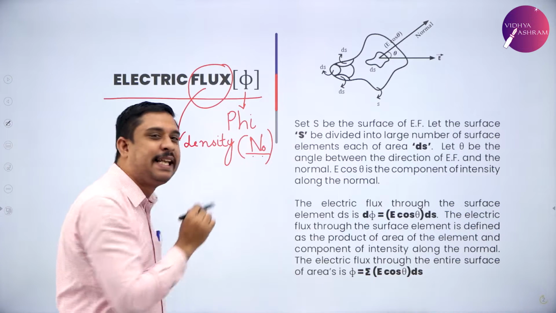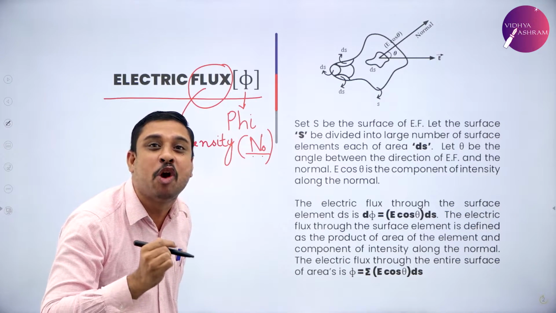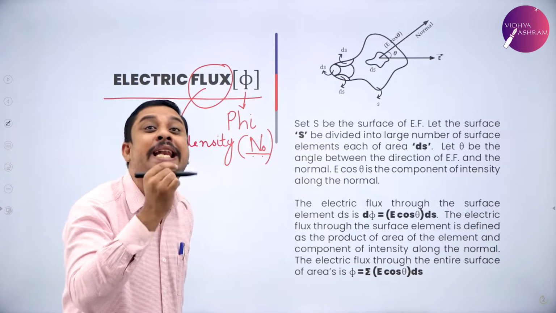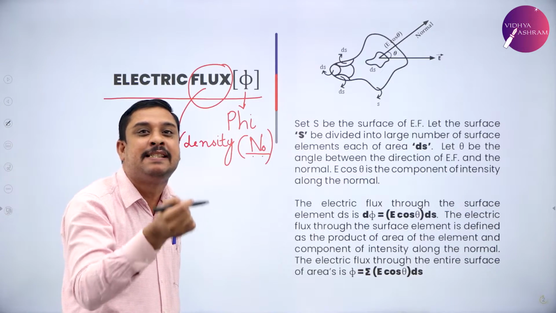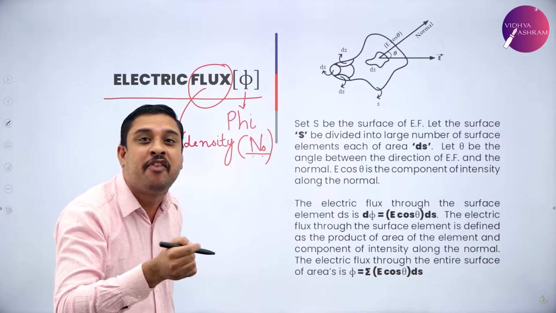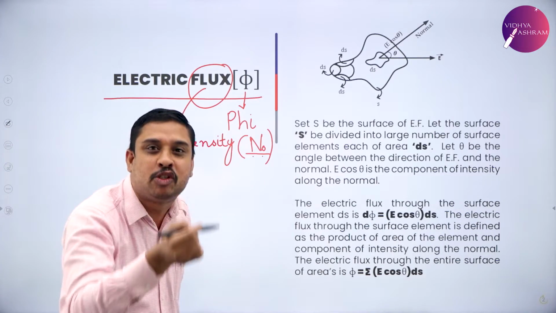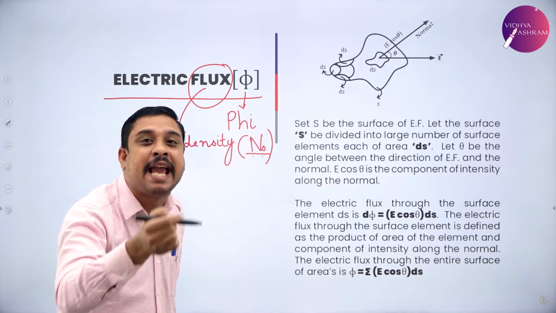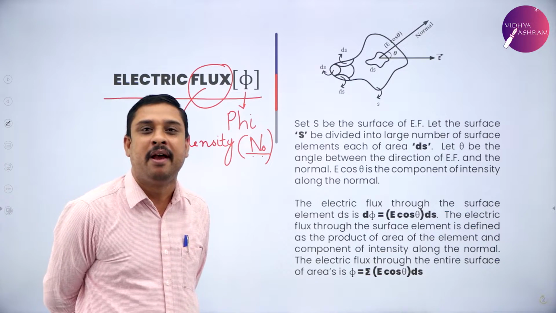Flux density. Density of tigers in India, that is, the number of tigers present in India. Density of people in Mysore, the number of people staying in Mysore.